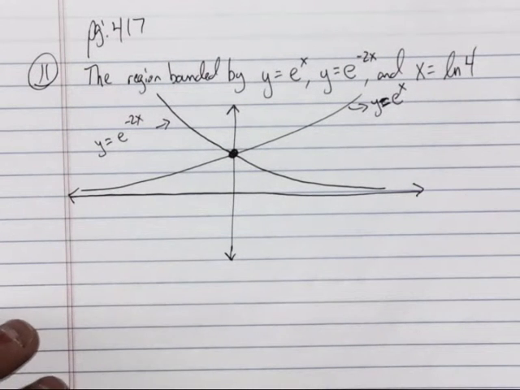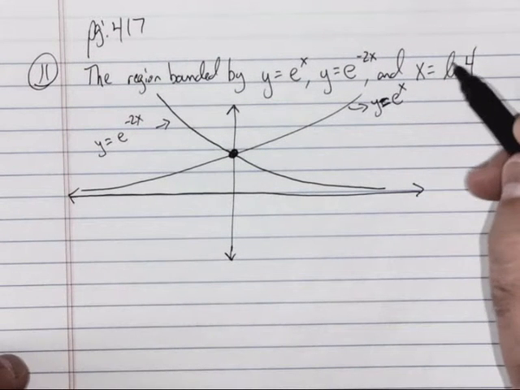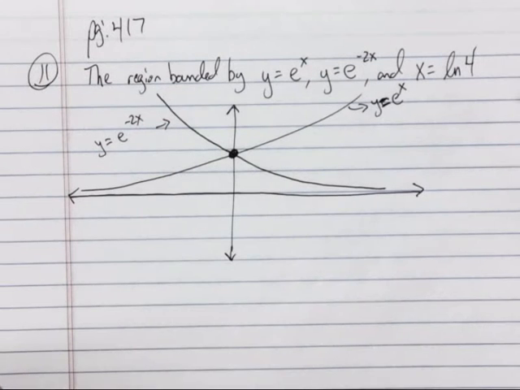Okay, and then now your calculator is not going to graph this one, which is x equals ln of 4, because that's a vertical line. And I'm not sure that the graphing calculator can graph that. But ln of 4, that's just a constant.